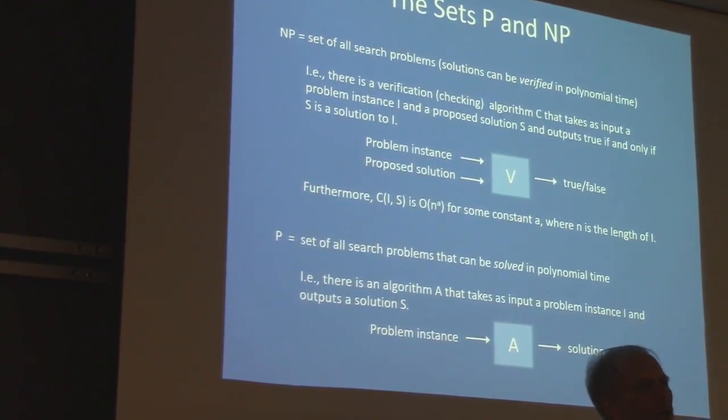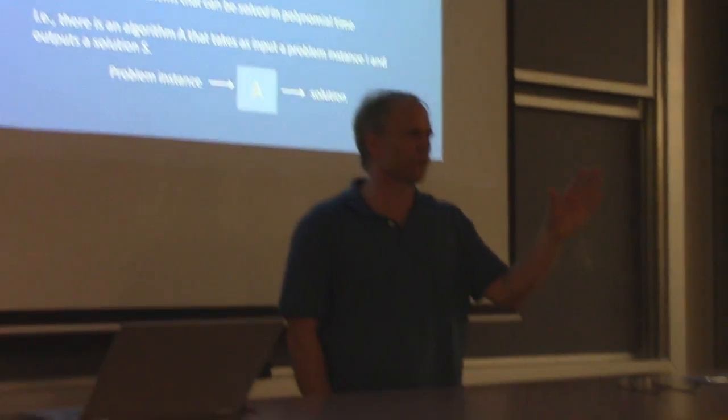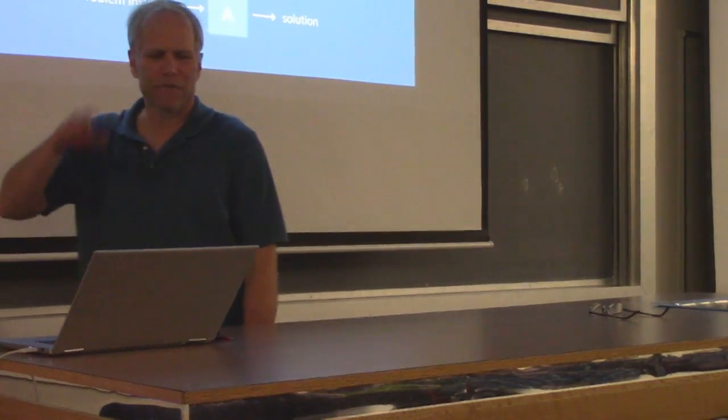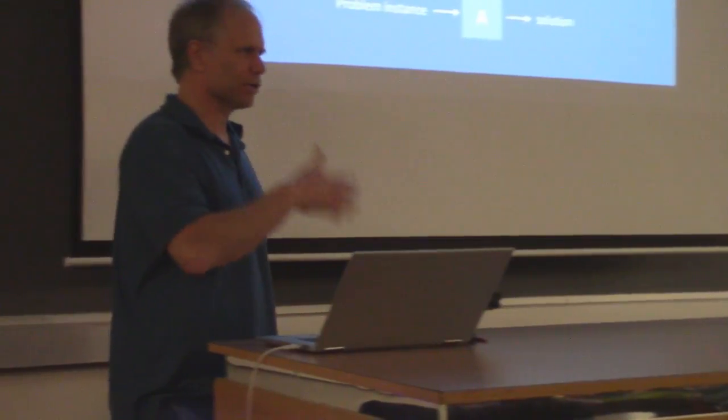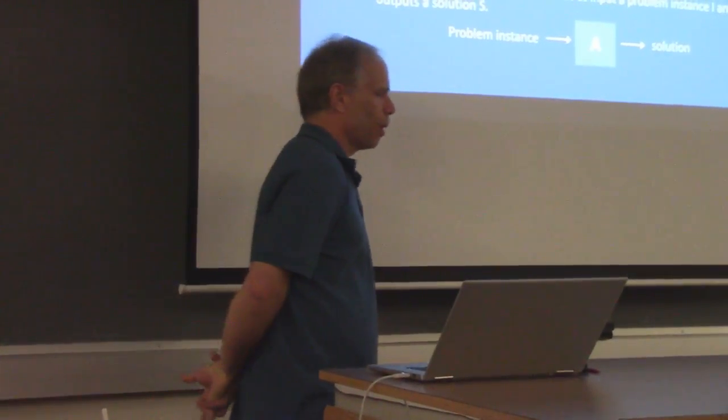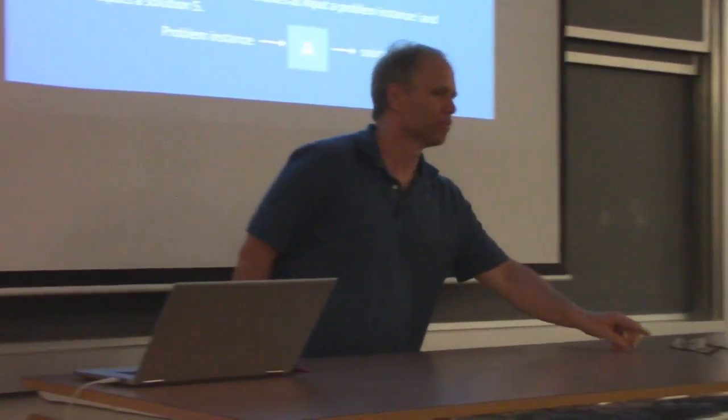In the 70s, so the theory of NP-completeness dates to 1970, and in its original form, the definition of NP didn't talk about checking in polynomial time. It talked about solving it on a non-deterministic computer in polynomial time. And so that definition is not used so much anymore because it requires defining what a non-deterministic computer is and what it means to solve in polynomial time on a non-deterministic computer.